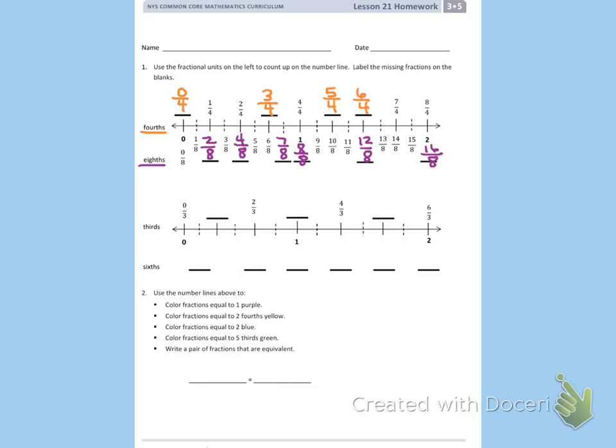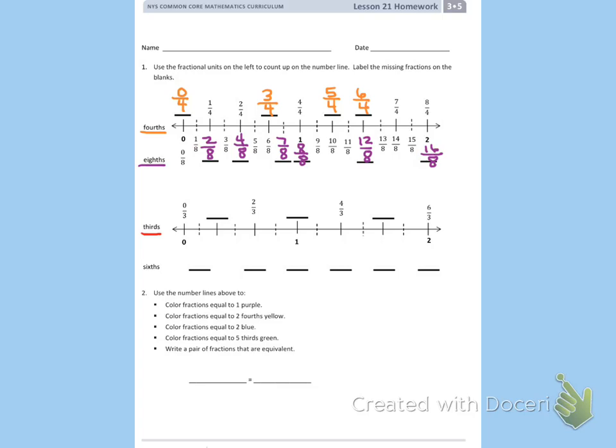Now look at the number line that comes below the one that we just did together. The top fractional unit that's listed on the left is thirds. You will number the number line counting by thirds, just like we did in the 2 examples above. 0 is the same as 0 thirds, and that's listed for you.